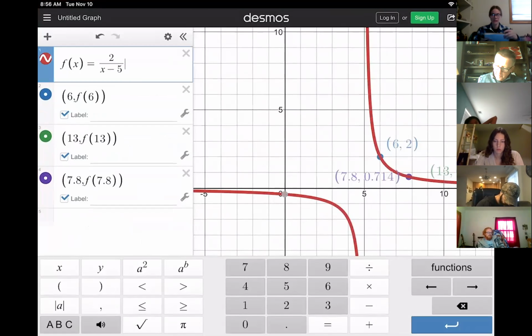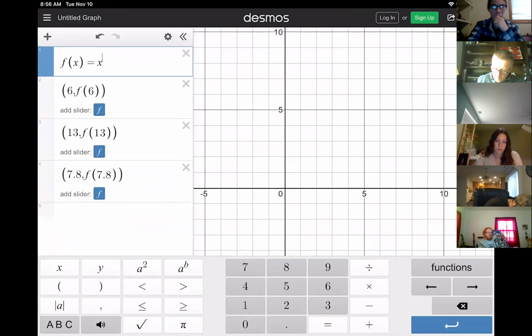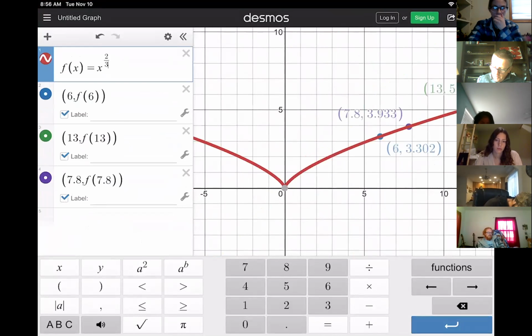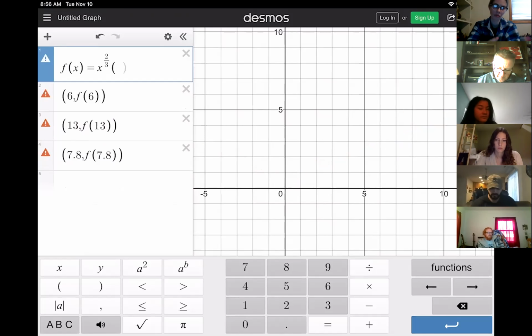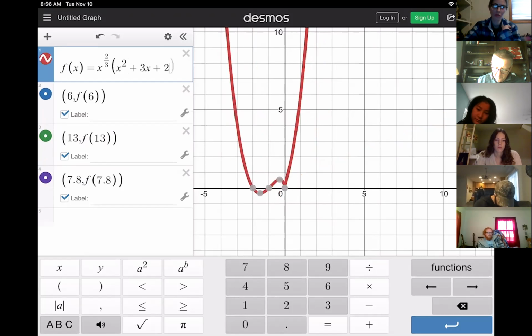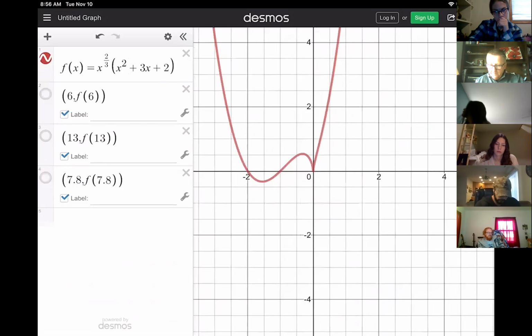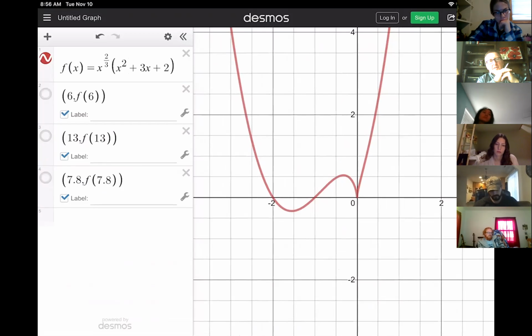Maybe I can make use of some of this stuff that's here. So the original graph was x raised to the 2/3 times x squared plus 3x plus 2. Well, hey, that's not what it looks like.